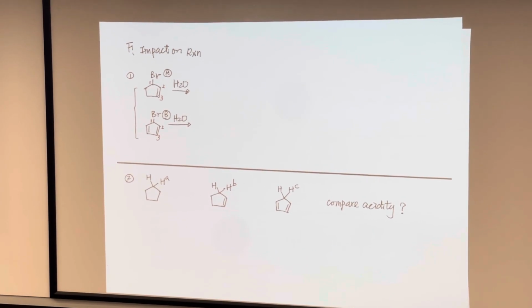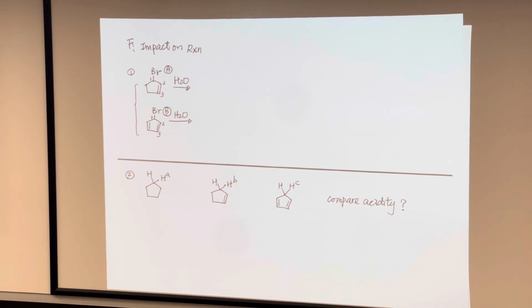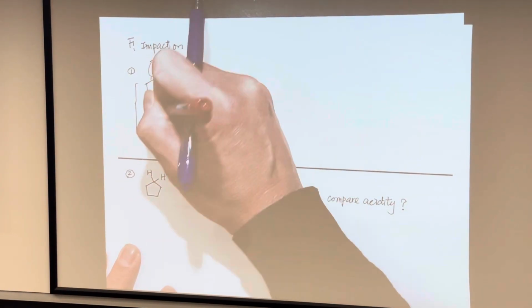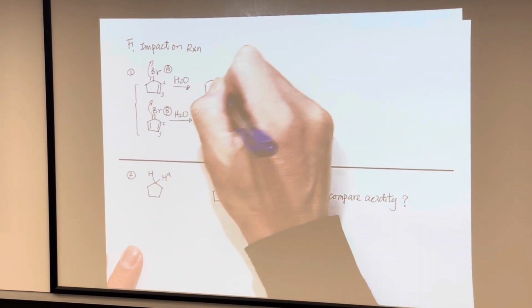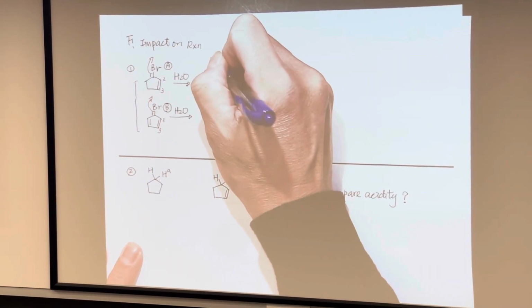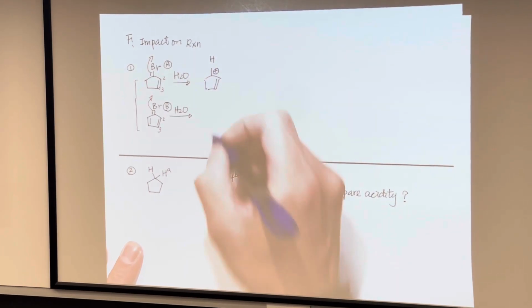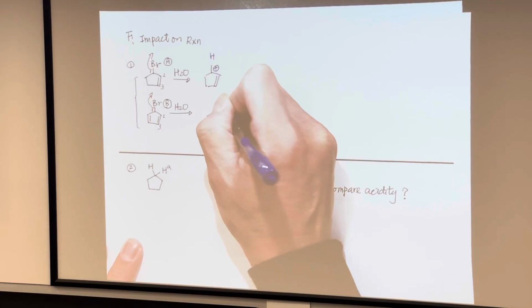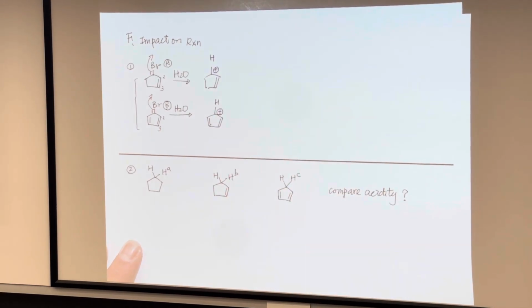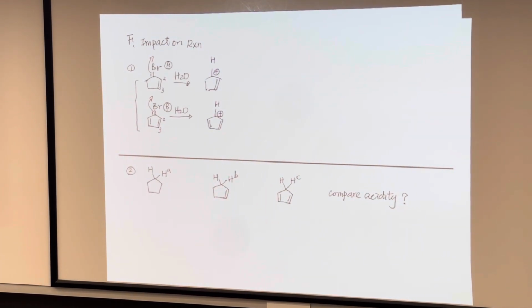So we got bond cleavage. So bye-bye bromide. We still have hydrogen there, right? Plus this one here, we got the double bond, we got hydrogen, and the plus over there. So far so good.